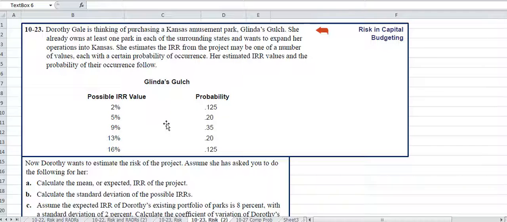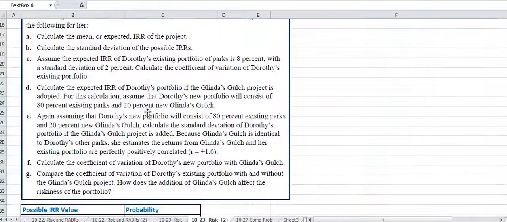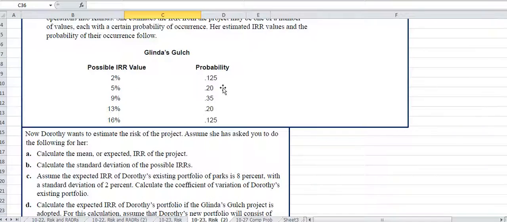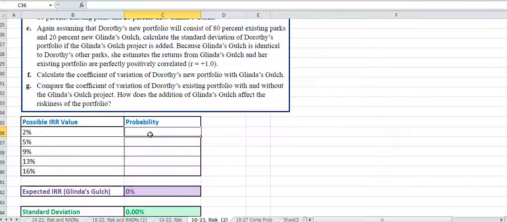So we're going to figure out the mean or the expected value most likely to happen from this data right here. So we just simply want to put in our possible IRR values, 2, 5, 9, 13, 16. And then over here we want to put our probabilities, which is 0.125, 0.2, 0.35, 0.2, 0.125.